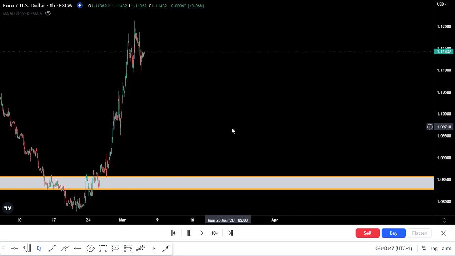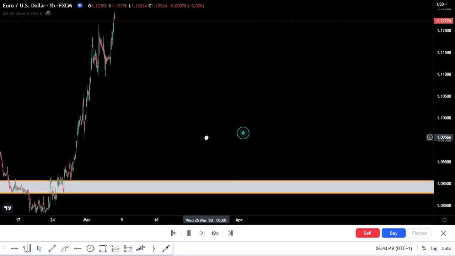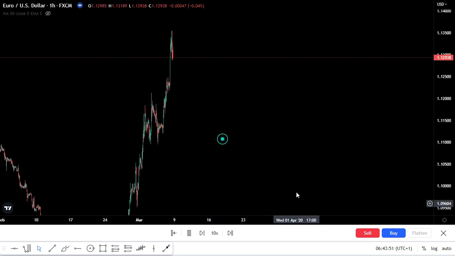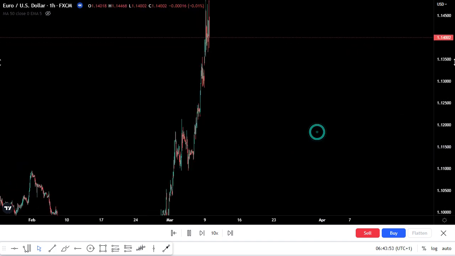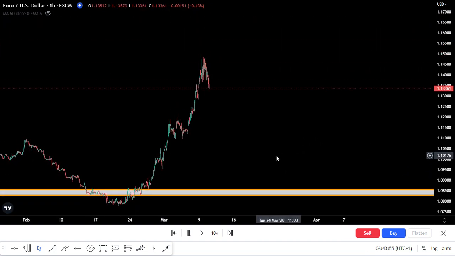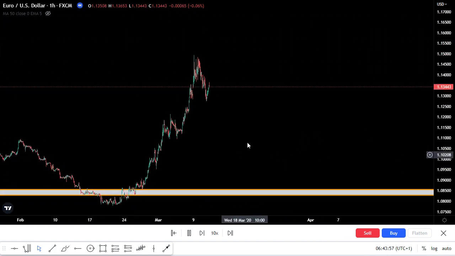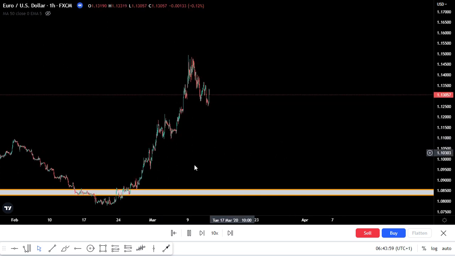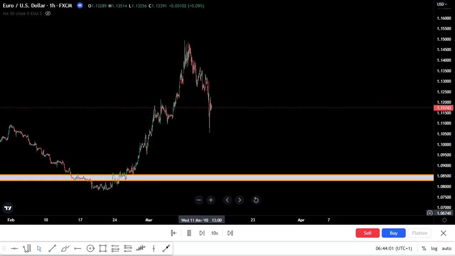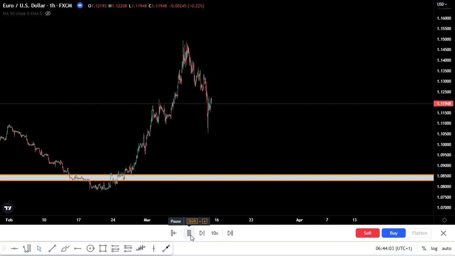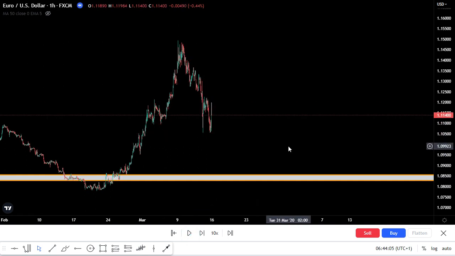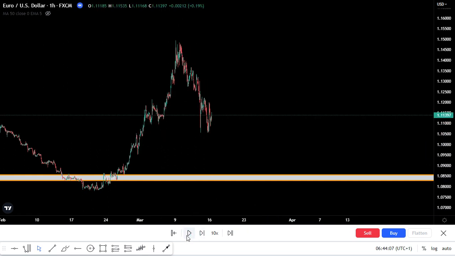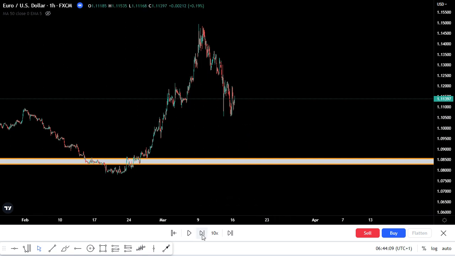I want us to feel the real-time price action, not just backtesting, like just scrolling on the chart. You see how the price pushes down, the emotion, the whole thing that will be happening, so that you'll be able to view it yourself and see how the price moves in real time.